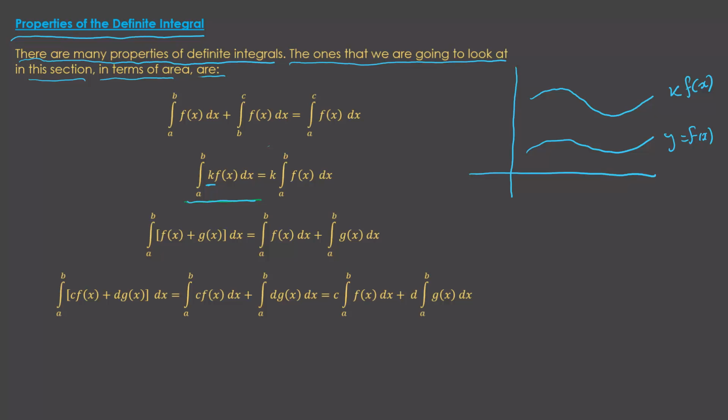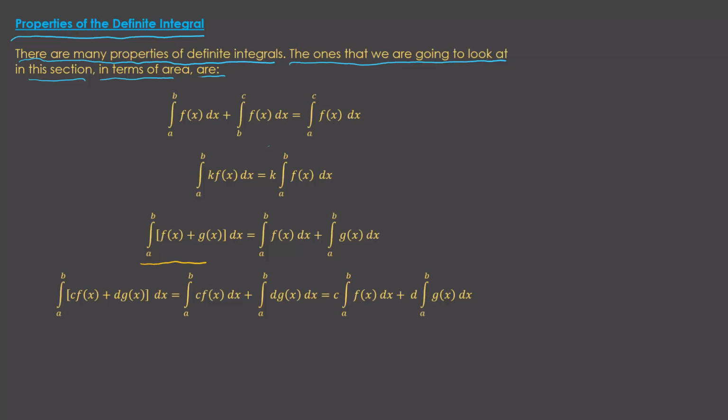So this integral would be the area shown here. What this is saying is that that is k times the area under the f of x curve. So once again, that makes sense.